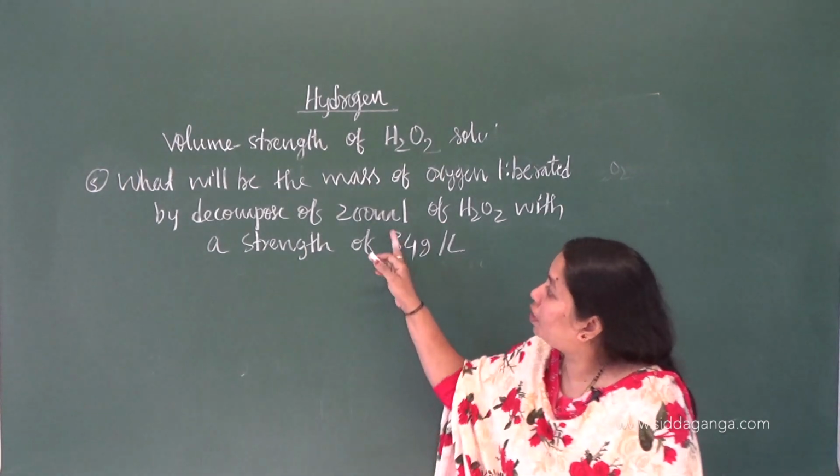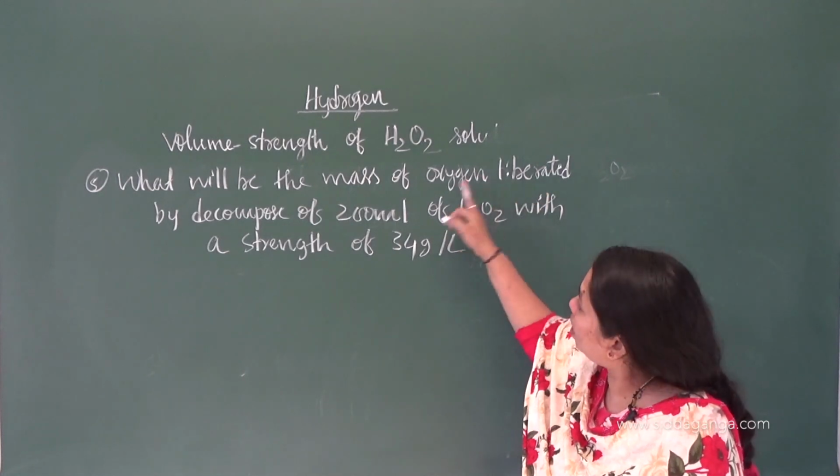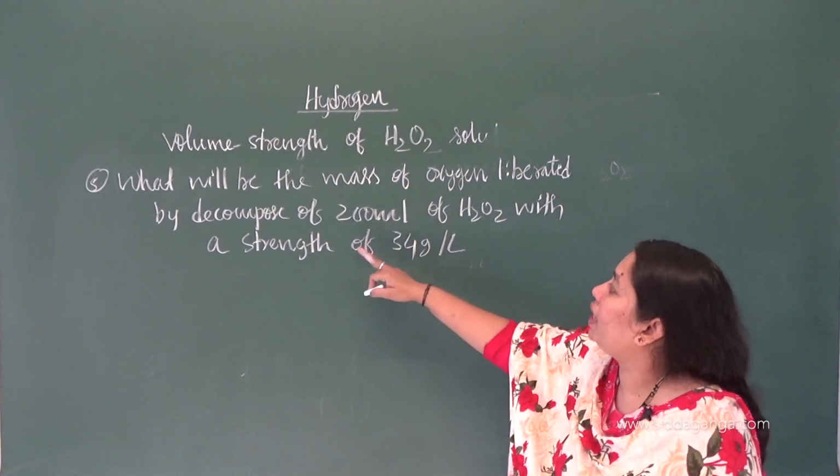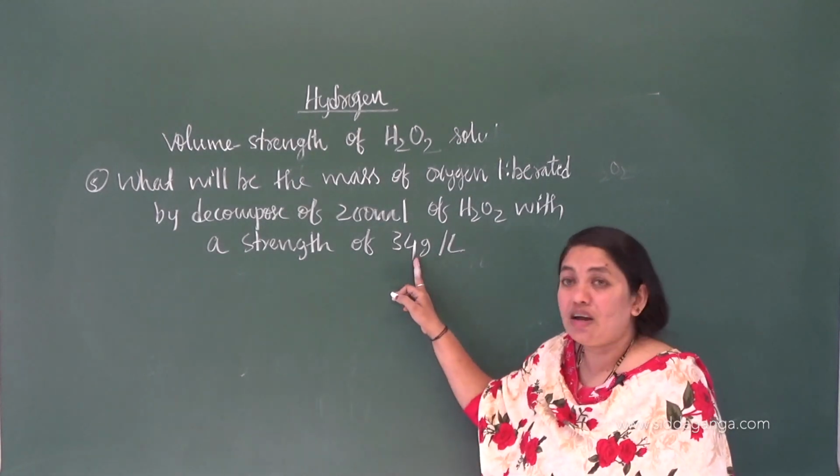Okay. So we have to find out the mass of oxygen, not the volume of oxygen. Mass of oxygen liberated by decomposition of 200 ml of H2O2, which is having a strength of 34 grams.